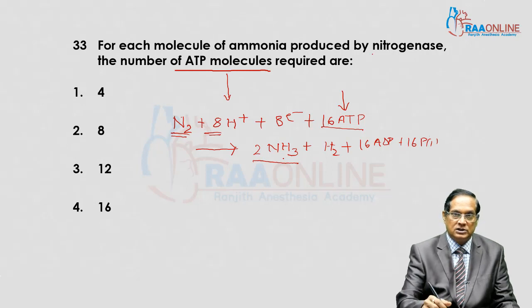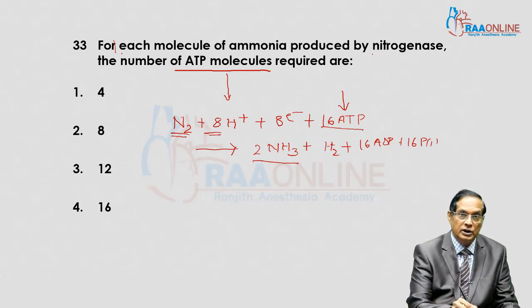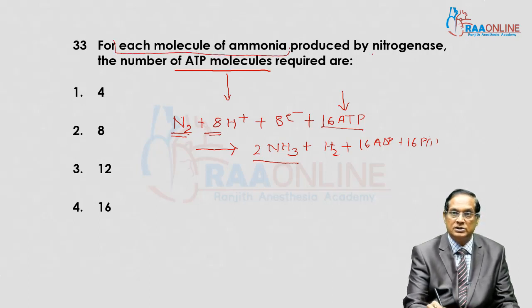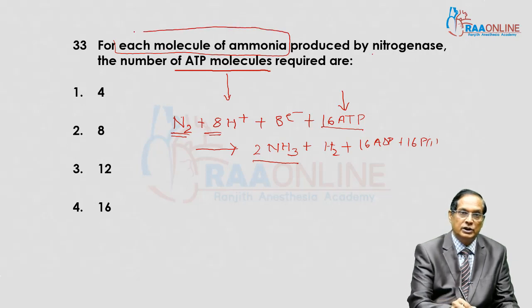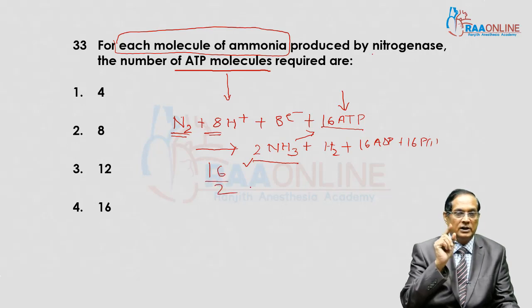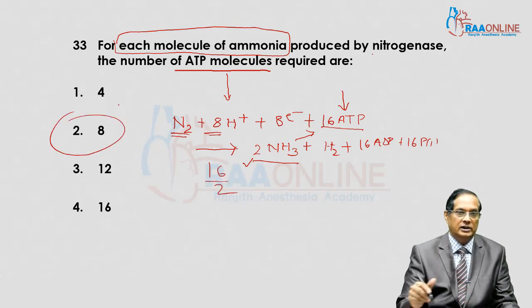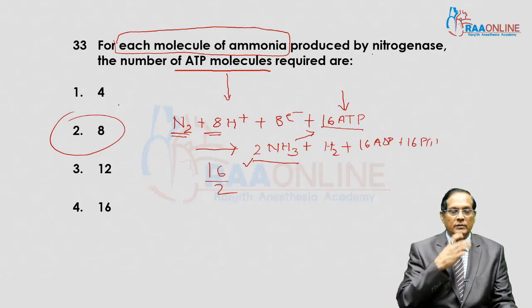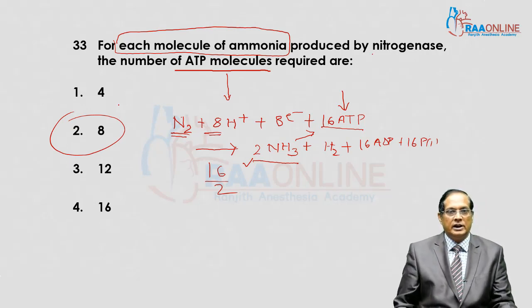But the question says each molecule of ammonia. For the formation of 2 molecules of ammonia, 16 ATP are required, so the answer is 16 by 2, that is for 1 ammonia, answer 8.